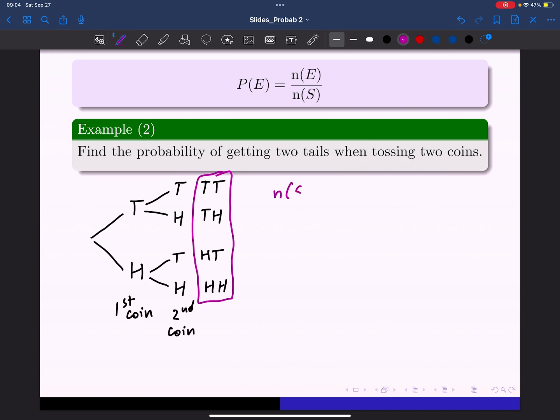N of S would be 4 elements. Now we ask what is the probability of getting 2 tails. So 2 tails is 1 out of all of them. So the probability of event E is 1 out of 4. Also, if we divide, it would be 0.25 or 25%.